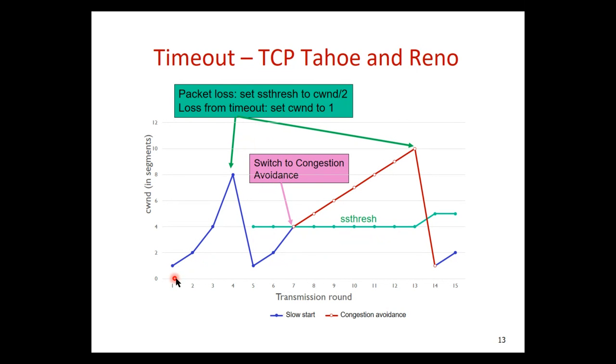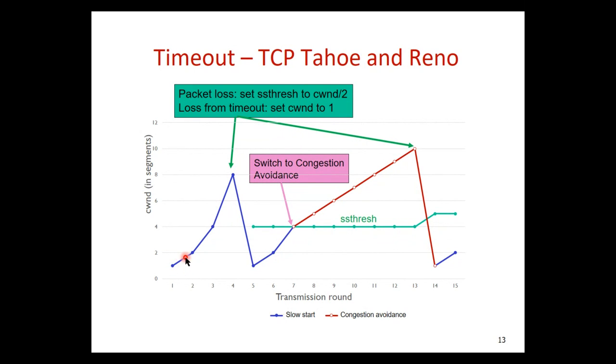So after 1 round trip time, here transmission round from here to here, we have 1 round trip time. I assume that everything is fine, the sender receives the ACKs and increases the CWND by 1.